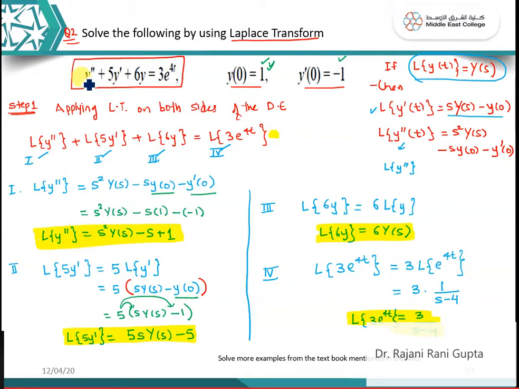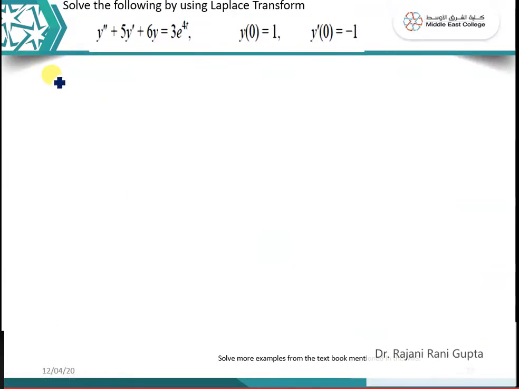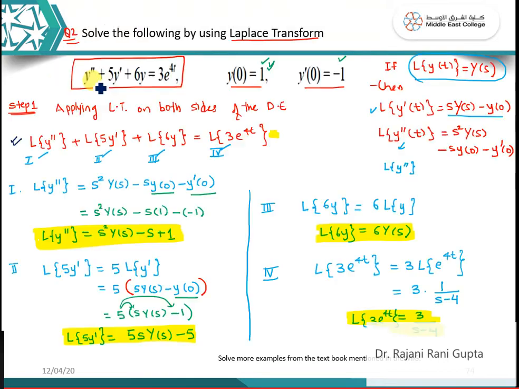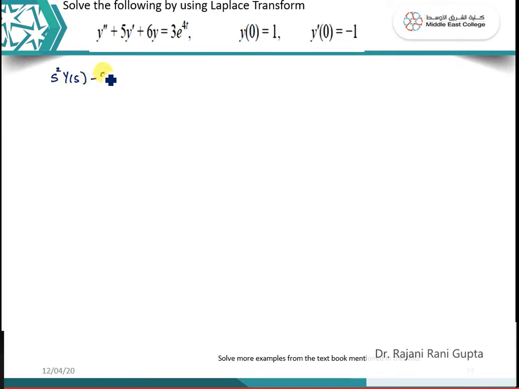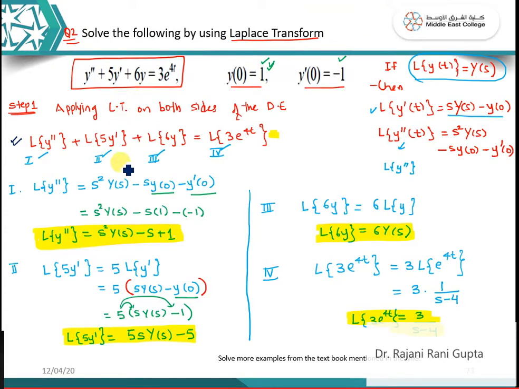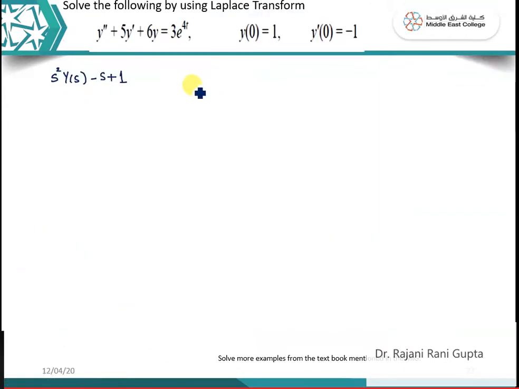For the first term, we have s square Y of s minus s plus 1. For the second term, plus 5 s Y of s minus 5.